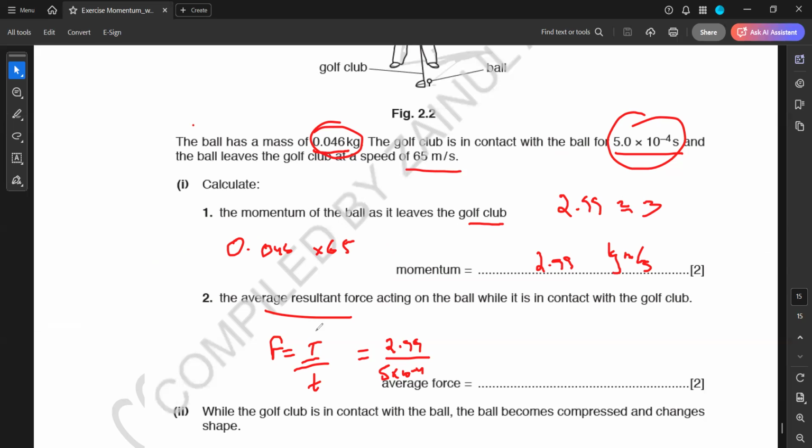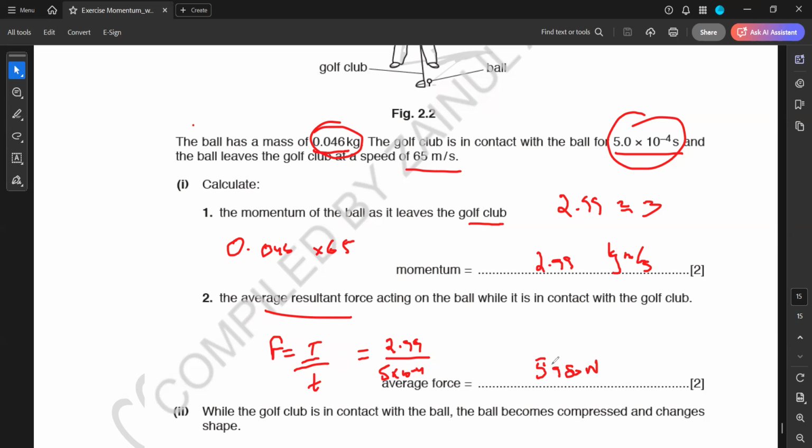So we have 2.99 or 3 divided by 5 times 10 to the minus 4, or 0.0005. So it will be equal to 5,980 newtons.